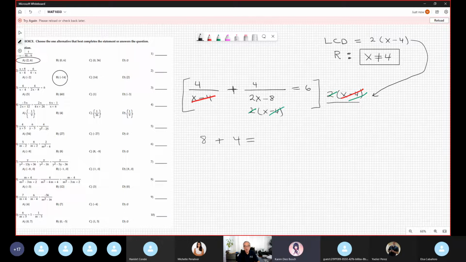You need to multiply also on the right-hand side. The right-hand side is super easy because it's 6 times 2 is 12, parentheses, x minus 4. And you convert this horrible equation at the beginning into one super elementary, straightforward. Cool? 8 plus 4, 12, equals 12(x minus 4).